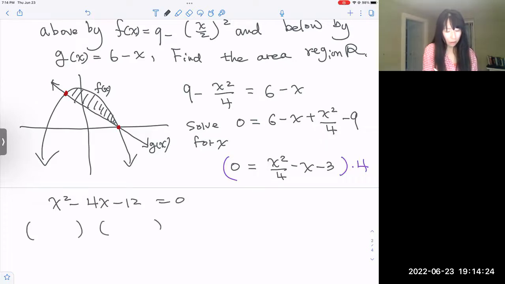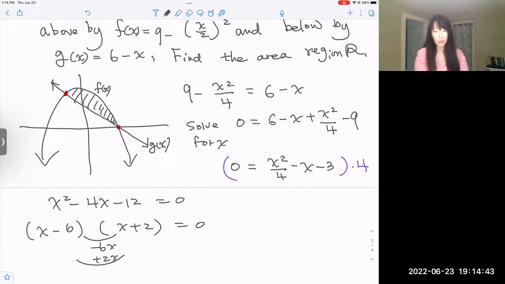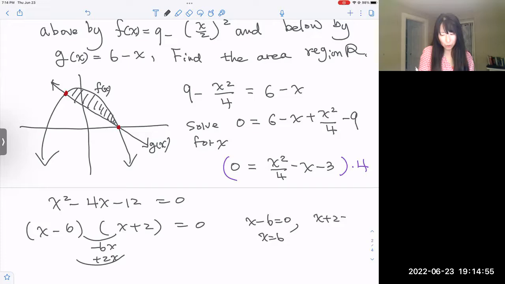Now, can you factor it? Yes, x minus 6 and x plus 2. Let's check that: minus 6x and plus 2x is negative 4x. Very good. By the zero product property, x minus 6 equals 0, so x equals 6, and x plus 2 equals 0, so x equals negative 2.